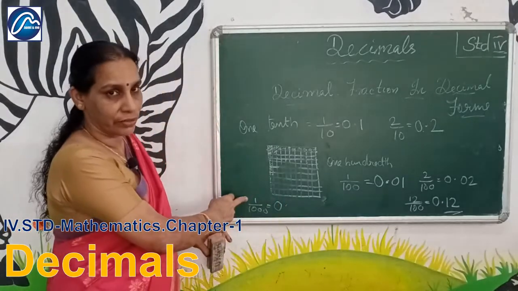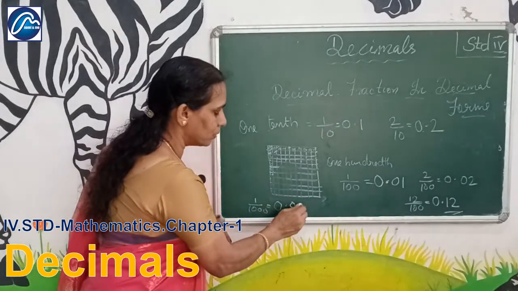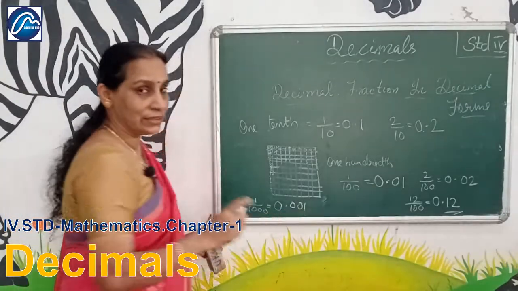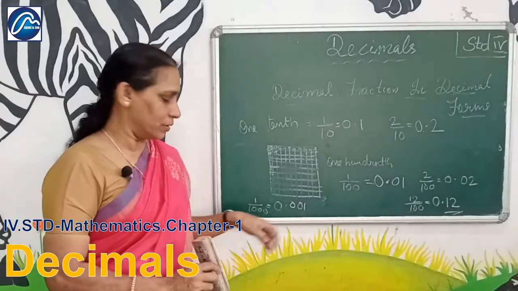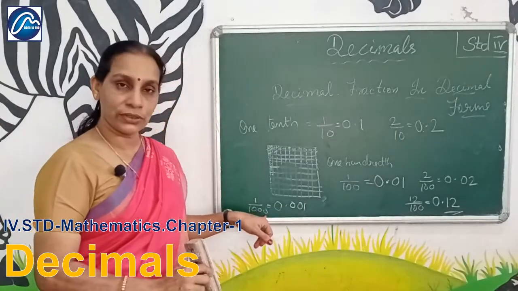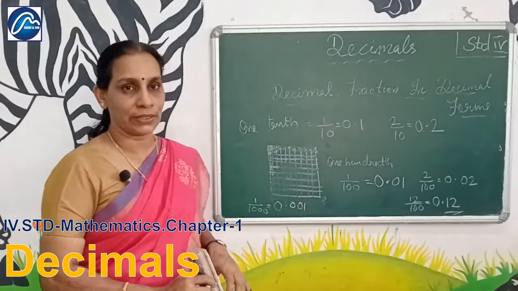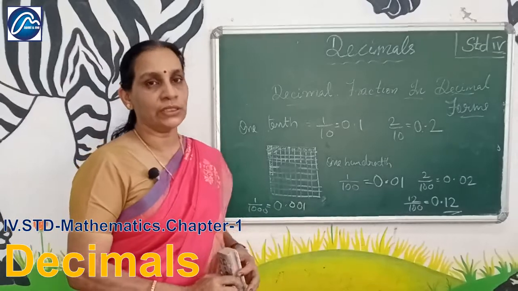Here there is only 1, so before 1 we have to insert 2 zeros. So it is 001, 0.001. So 3 zeros are there, so 3 decimal places. These are known as decimal places. Here there is only 1 digit, so we put 2 zeros in between.